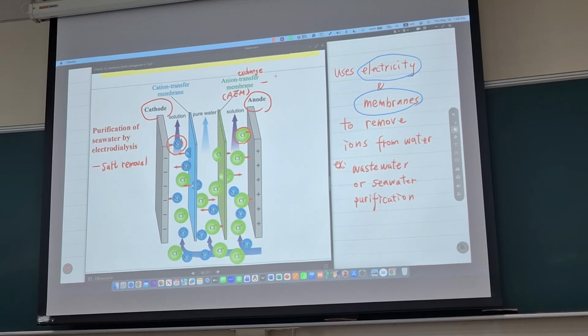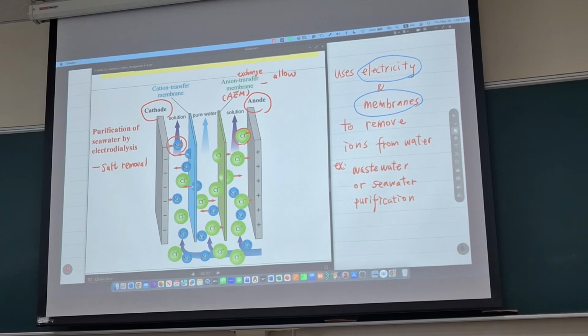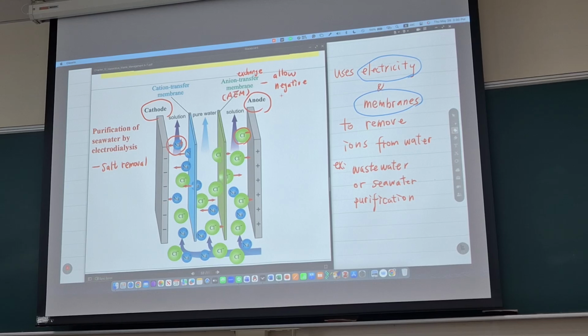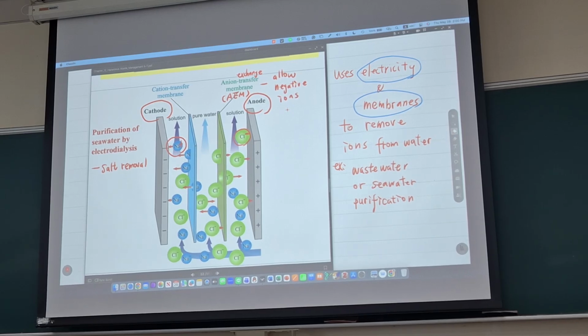What's the purpose of this membrane? It allows negative ions, which means the anions, to pass through.